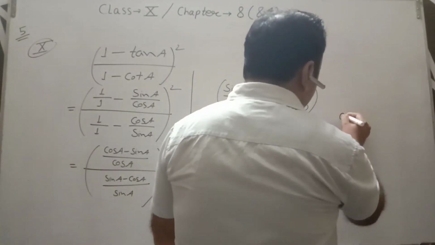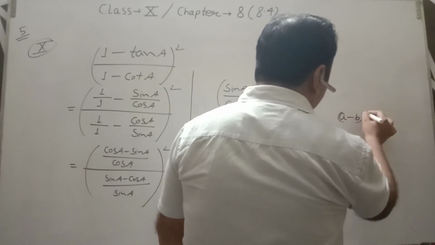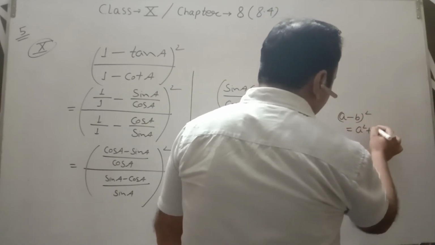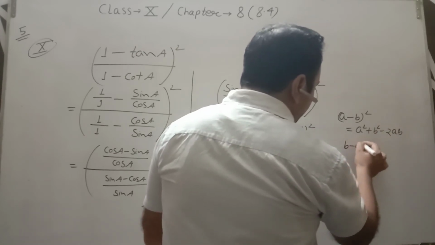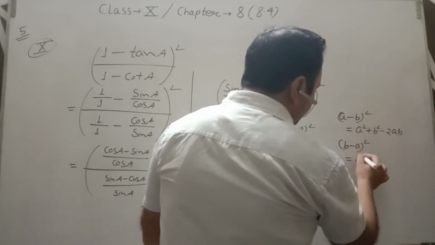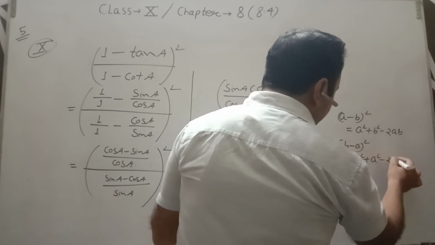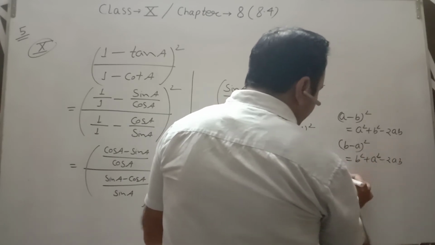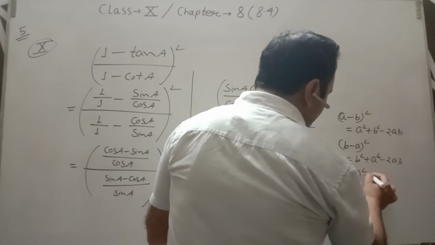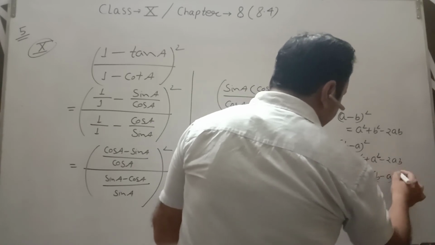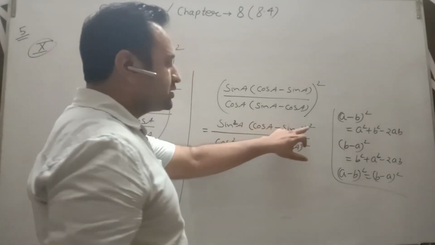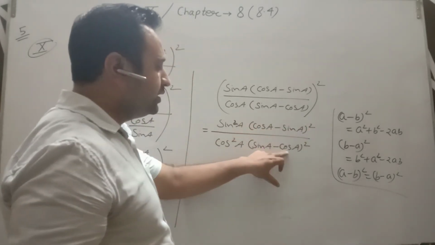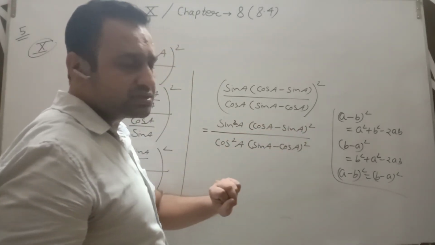To understand, (A minus B) whole square is equal to A square plus B square minus 2AB. Similarly, (B minus A) whole square is B square plus A square minus 2AB. So we can say that (A minus B) whole square is equal to (B minus A) whole square. So (cos A minus sin A) whole square and (sin A minus cos A) whole square are both the same.